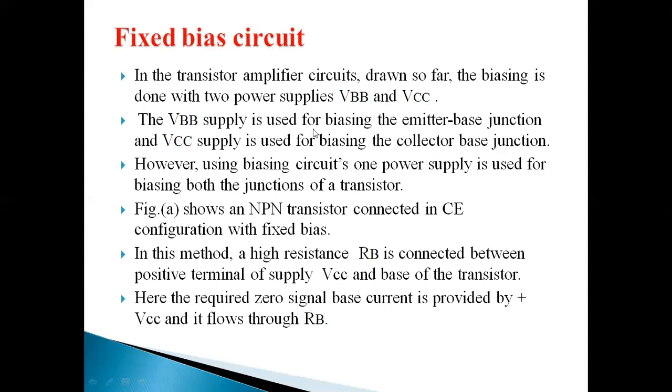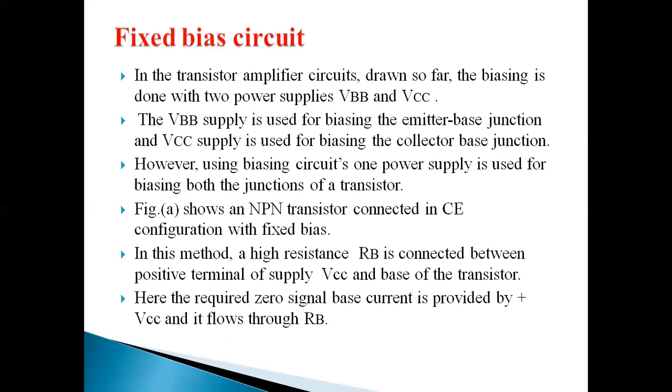The VBB supply is used for biasing the emitter base junction, and the VCC supply is used for biasing the collector base junction. However, using biasing circuits, one power supply is used for biasing both junctions of a transistor.